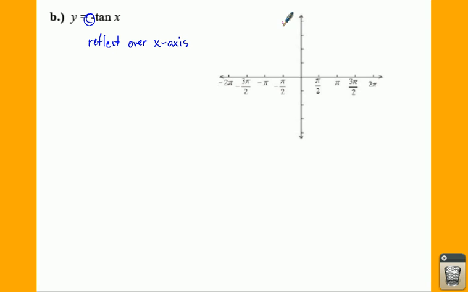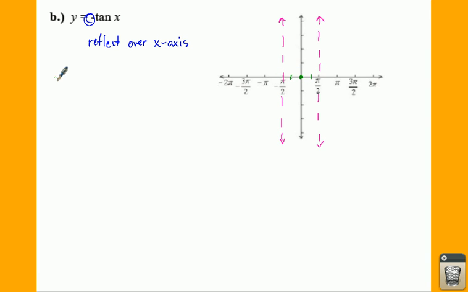At negative pi over 2, like so. You're going to have one at pi over 2, you put your dot in the middle, and remember, instead of going up and to the right, we should be coming down and to the left. So we need to plug in a value at negative pi over 4 and pi over 4.